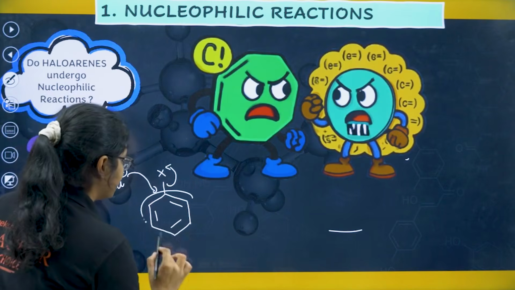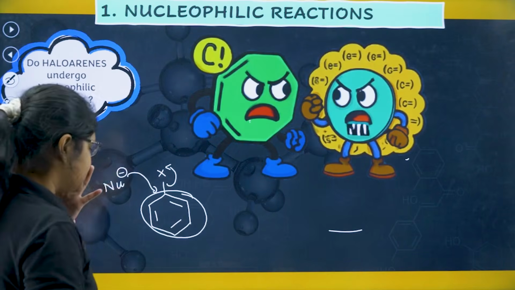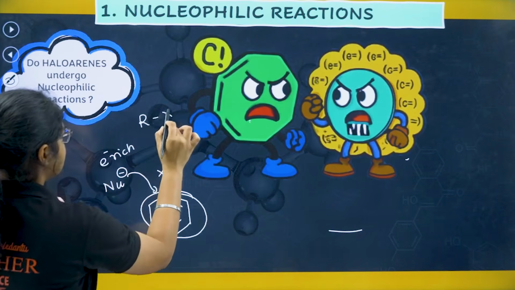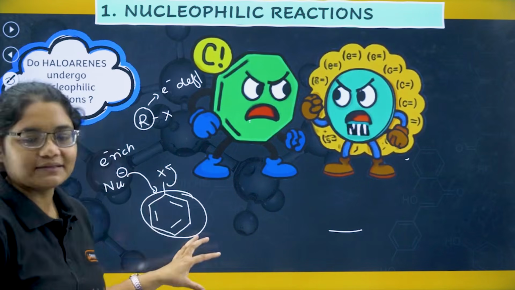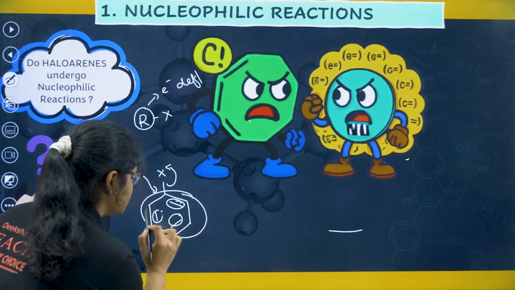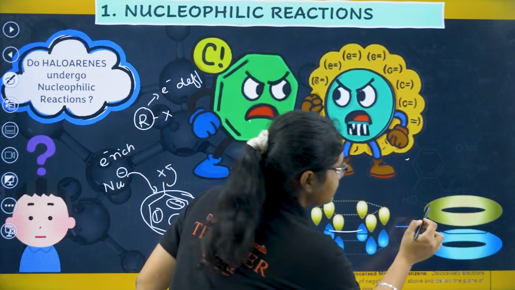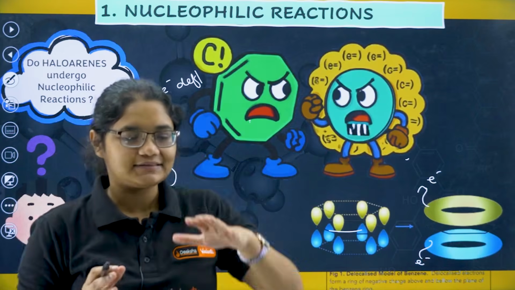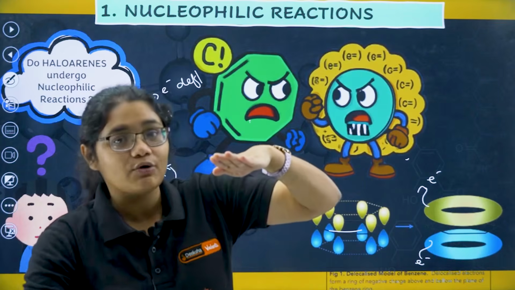Now this benzene ring is very angry, and we have to find out why. See, this nucleophile is electron rich. In R-X, this R was electron deficient, right? But here, in the benzene ring there are pi electrons. You can see so many pi electrons are there. If you see the benzene structure, it is like this: this is benzene, and this is the electron cloud. So the benzene ring has an electron cloud above it and an electron cloud below it.